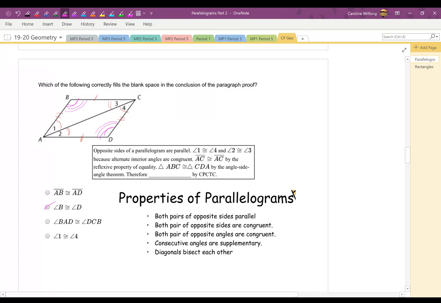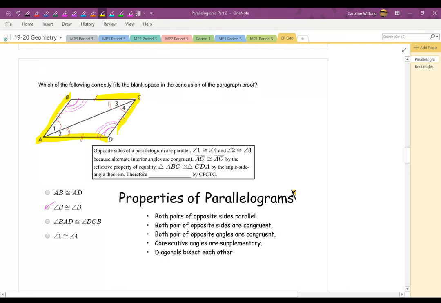But let's look at our other options just in case. So they also have angle BAD. Let's see, where is angle BAD? They want to know if that's congruent to angle DCB.